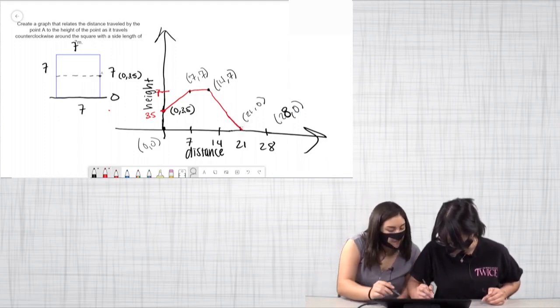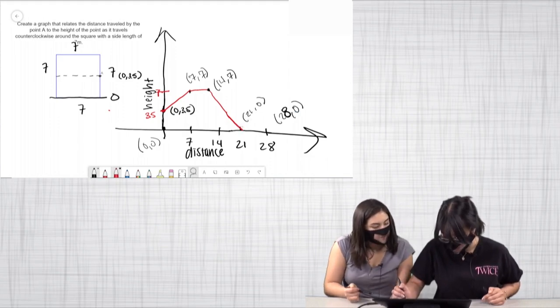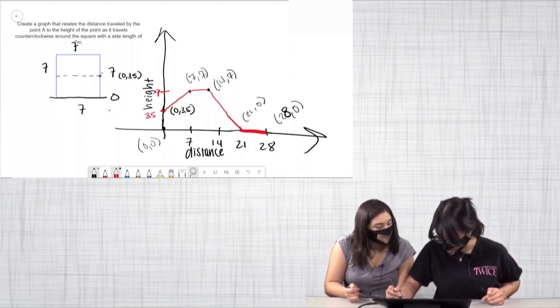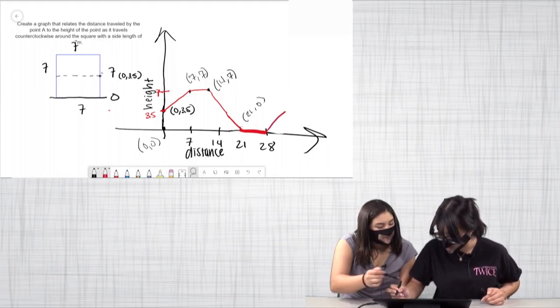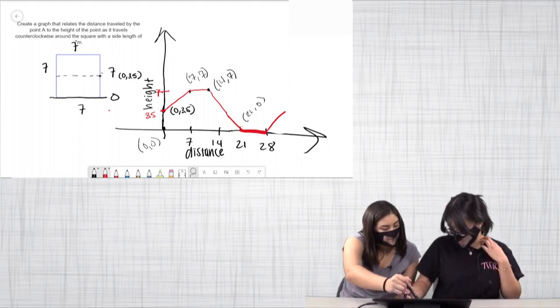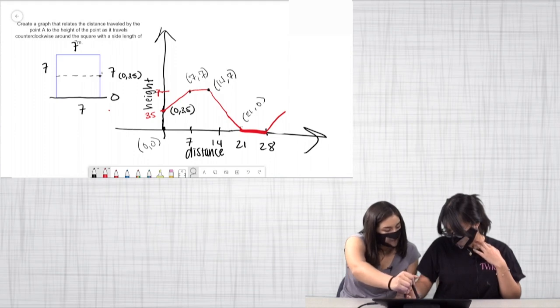So we just need a fifth segment up to 3.5. Oh. Yeah. But then our distance. So we just add 3.5, right? Yeah, just add 3.5. Let me erase this real quick. But then really this would be 17.5, right? Because you're not traveling 7.